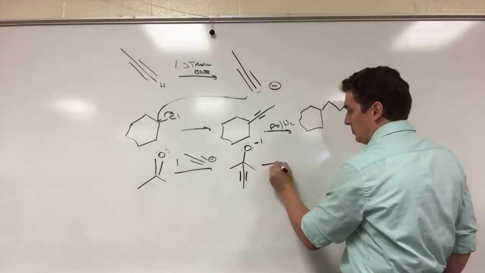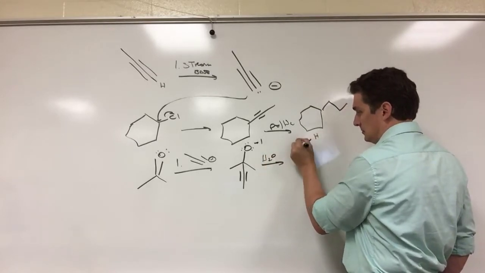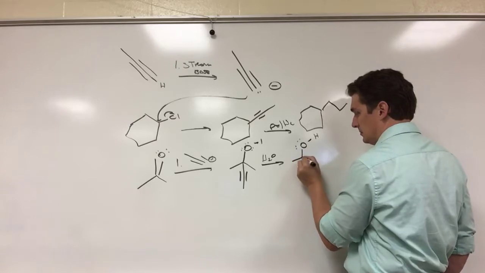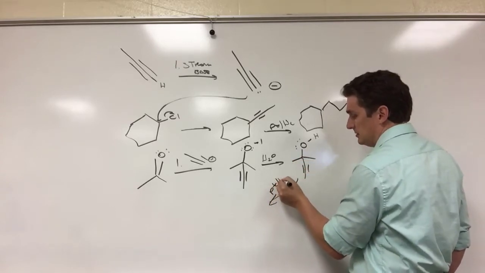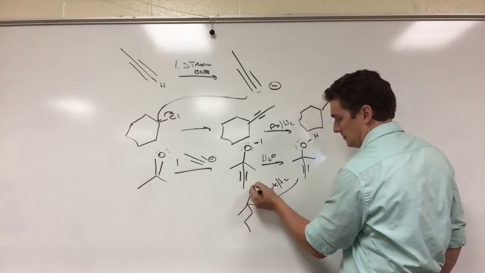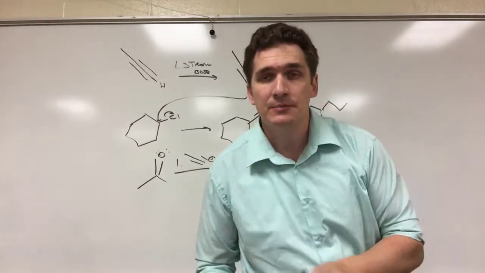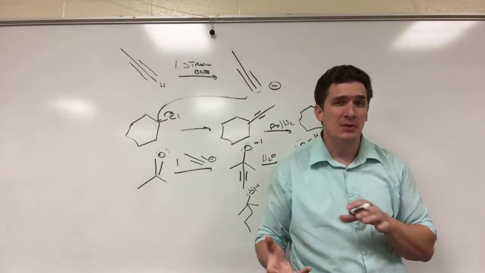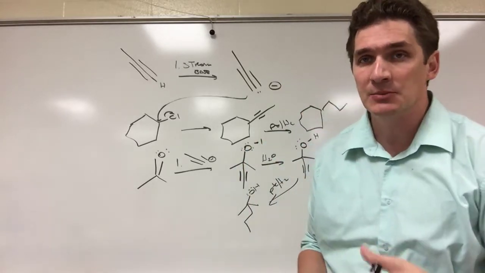If we subsequently add water, we get the alcohol, and then we can subsequently do hydrogenation to create a tertiary alcohol. Generally this isn't focused on too much in organic 1, it's just something to add to your synthetic toolbox.